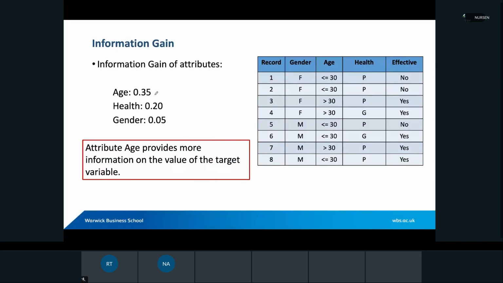For age, it is 0.35 information gain. For health, 0.20. For gender, 0.05.